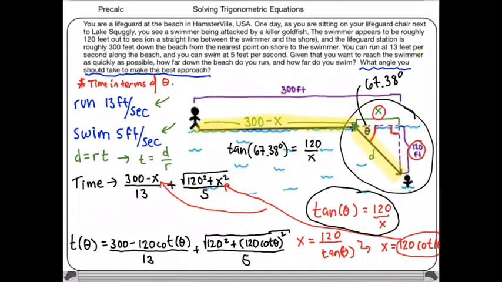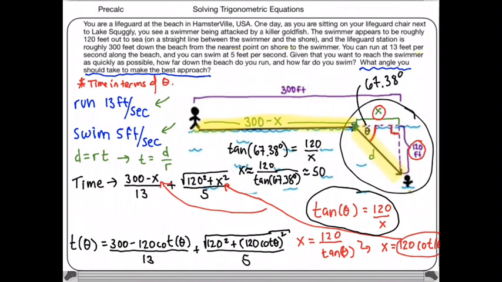After we manipulate the formula for x, we get x equals 120 divided by tangent of 67.38 degrees, and even if we take it out to many decimal places, it's just going to be 50.